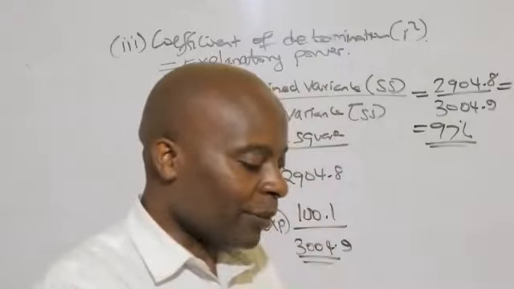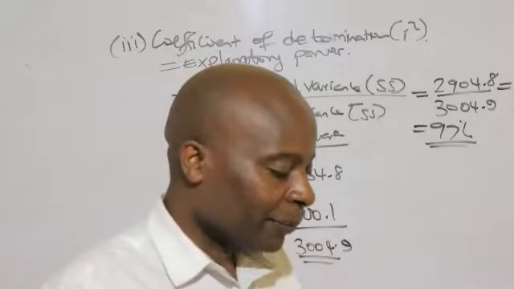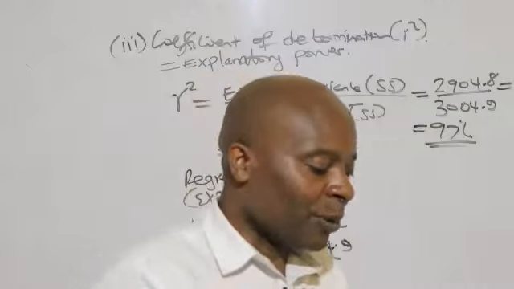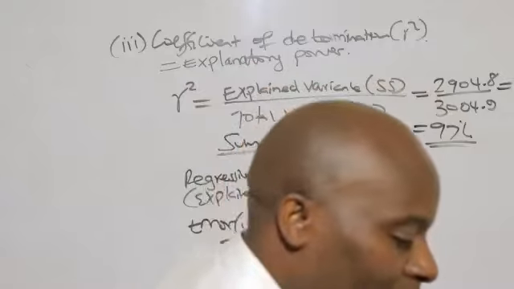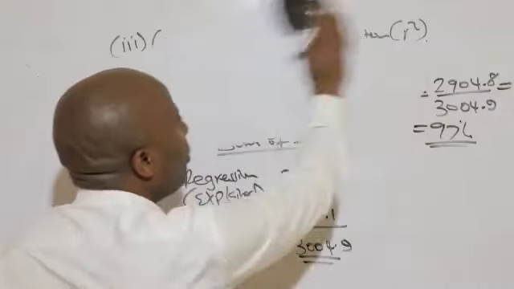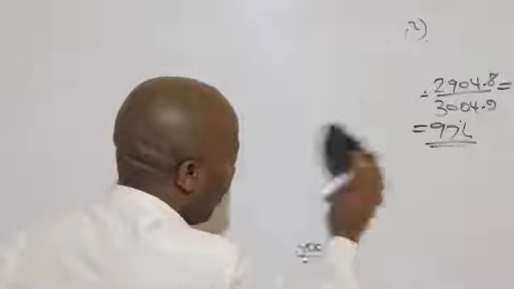So they wanted us to give them the explanatory power, which I've done. Look at number 4. They want us to do something very easy. They want us to test the statistical significance of each predictor variable. Remember, significance tests are also known as hypothesis tests. We've got 2 types of hypothesis tests: the predictor variables hypothesis test, and then the whole equation hypothesis test.